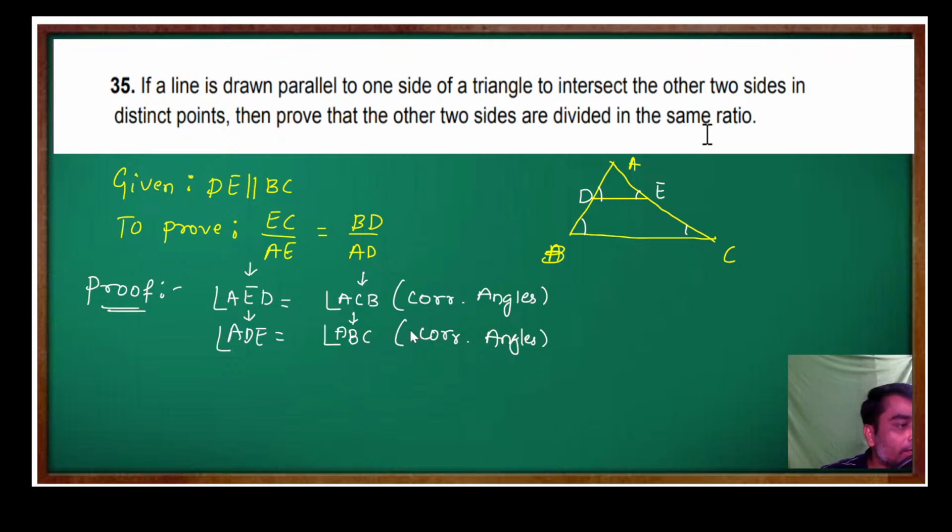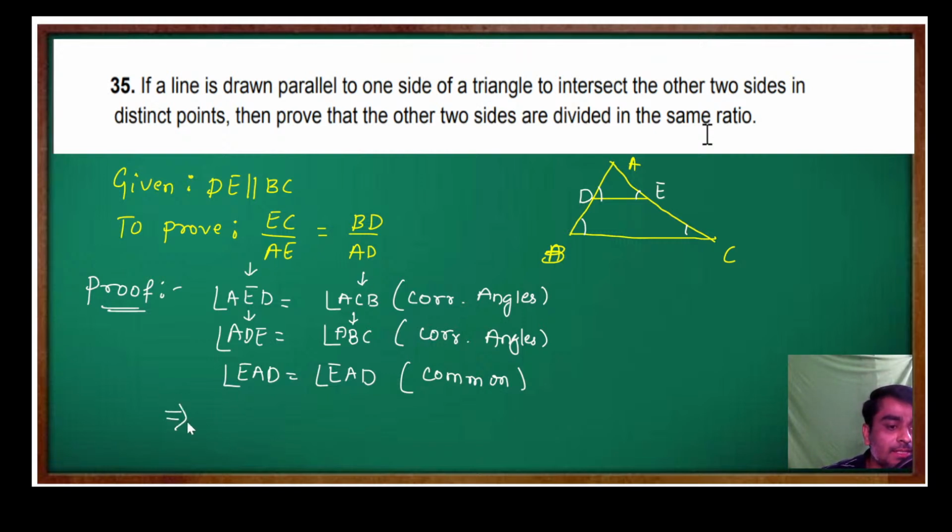These two are equated. Then there is one angle which is common. Angle EAD is common to both triangles. So angle EAD equal to angle EAD. Reason: common. So by this you are proving that these two triangles are similar.